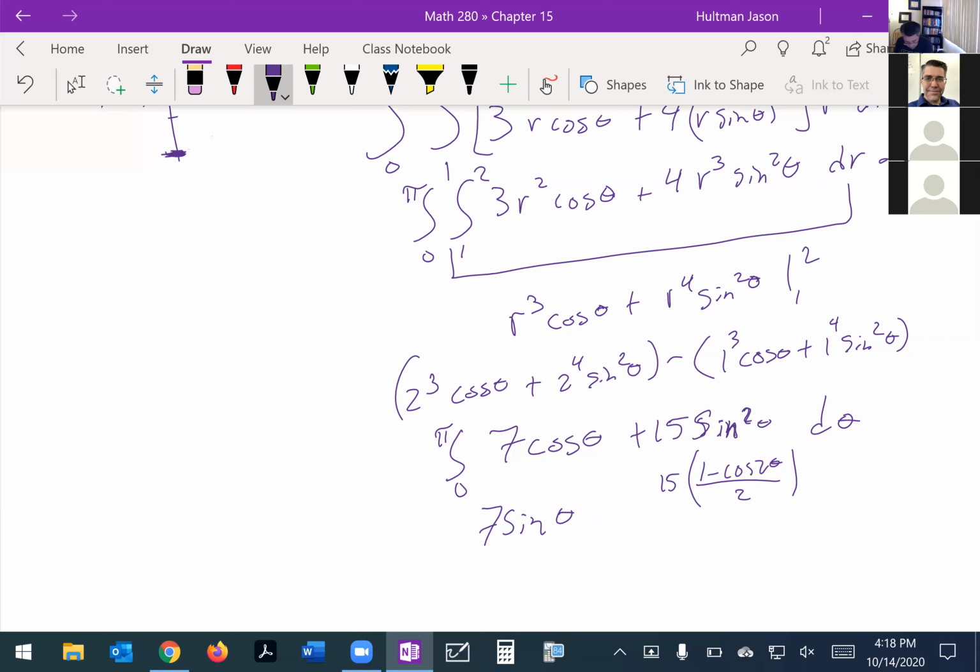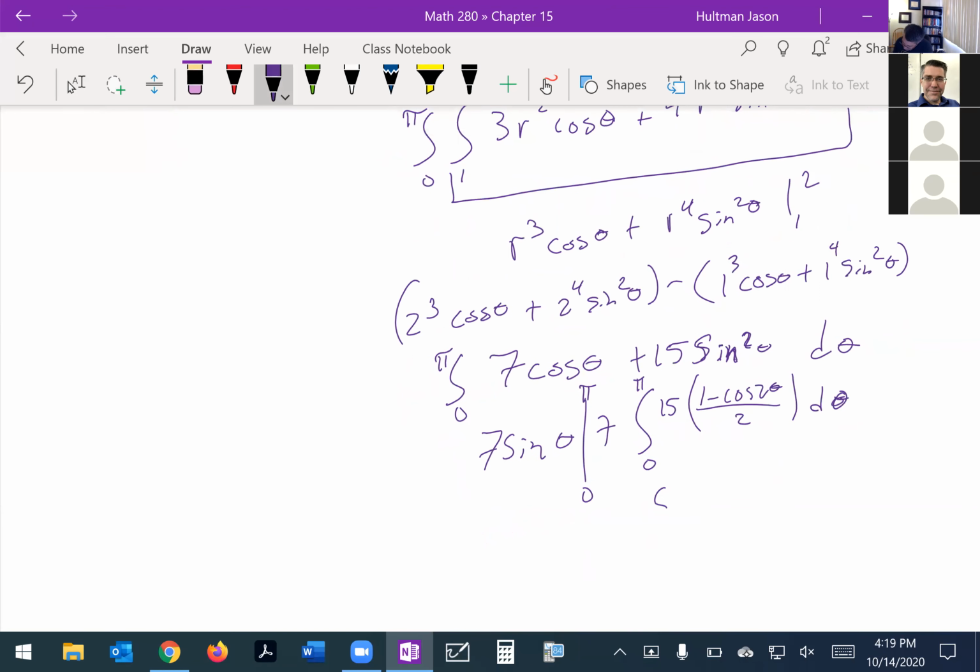So plus the integral from 0 to pi, and this part was already integrated, so 0 to pi d theta. This is going to be the integral from 0 to pi of 15 over 2 minus 15 cosine 2 theta over 2, or I could pull the 15 out in front, it really doesn't matter, d theta.